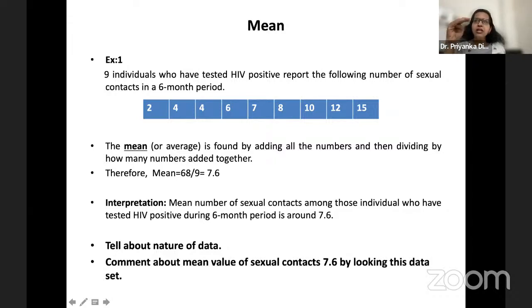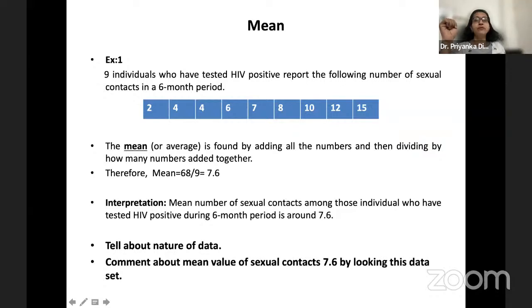Now, what is the interpretation? There are 3 different interpretations. When I am saying mean is 7.6, what is the interpretation? I am saying on an average, 9 individuals have reported 7.6 times sexual interaction during last 6 months.